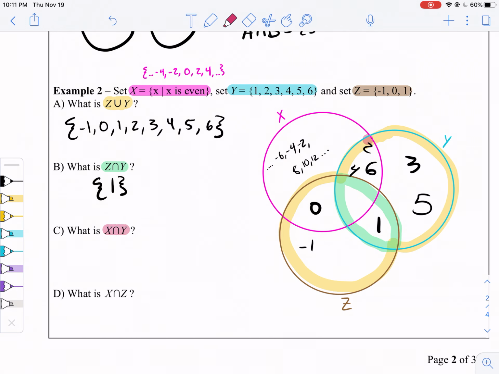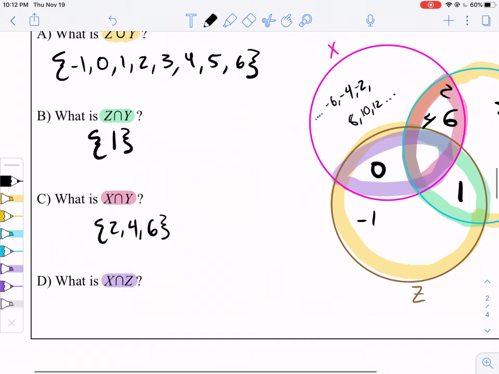What's the intersection of X and Y? Well, that's 2, 4, and 6. And then finally, what is X cap Z? What do X and Z have in common? The number 0.